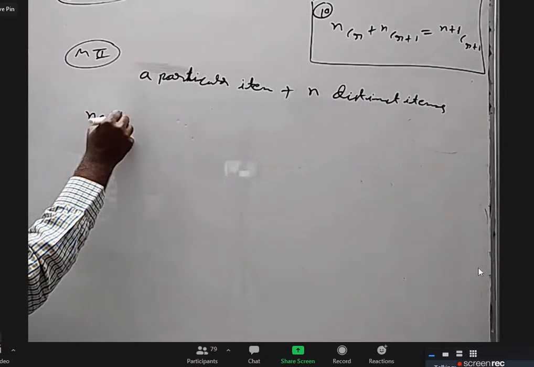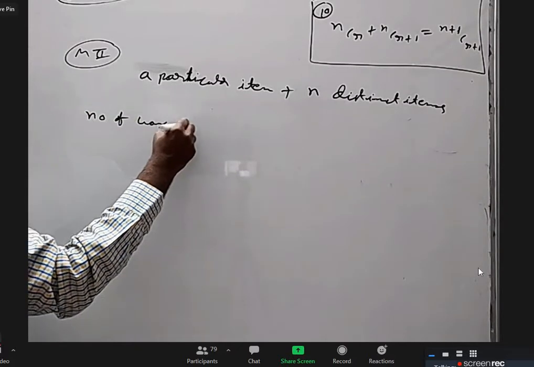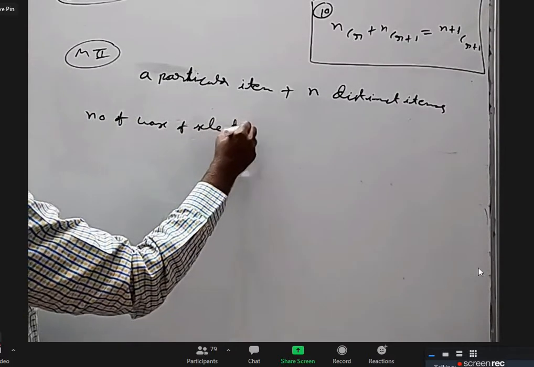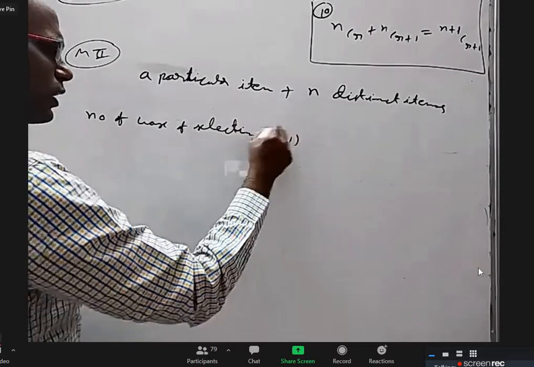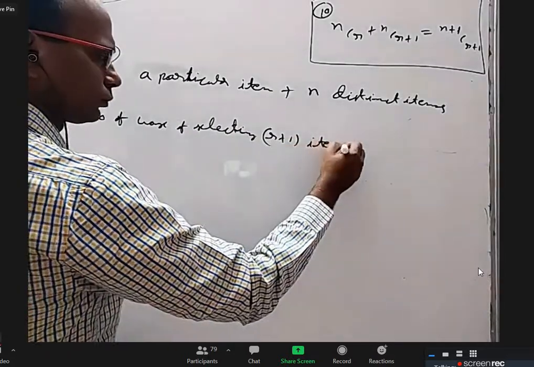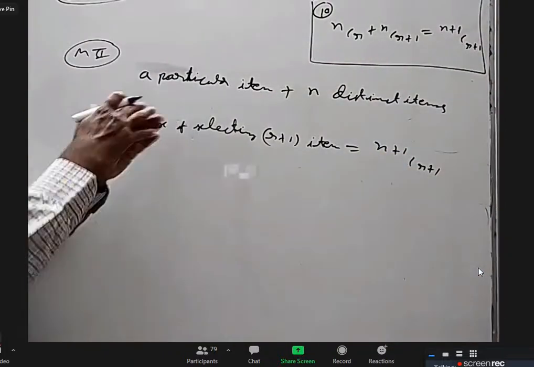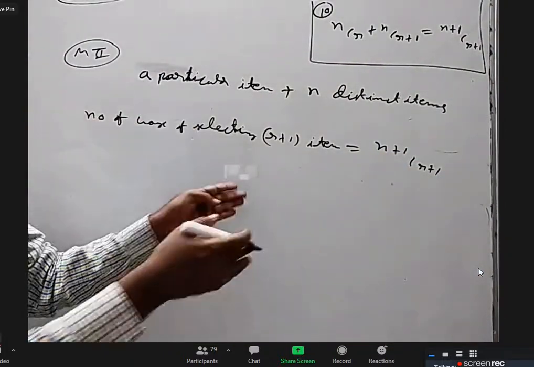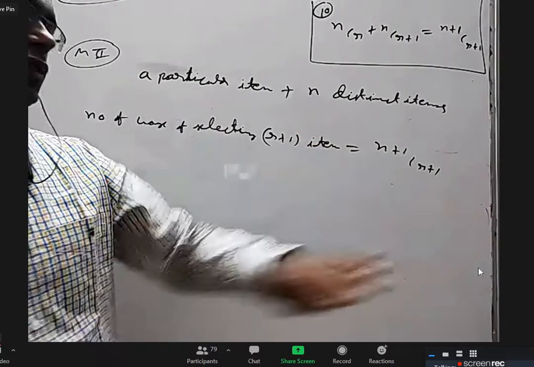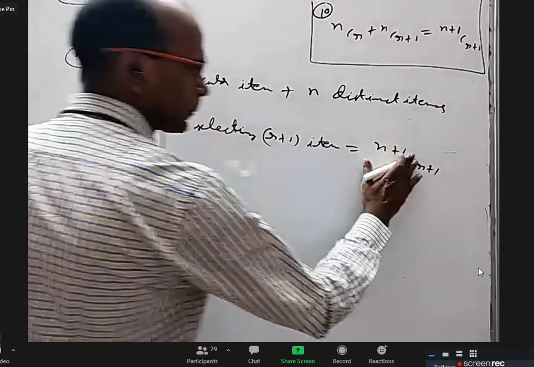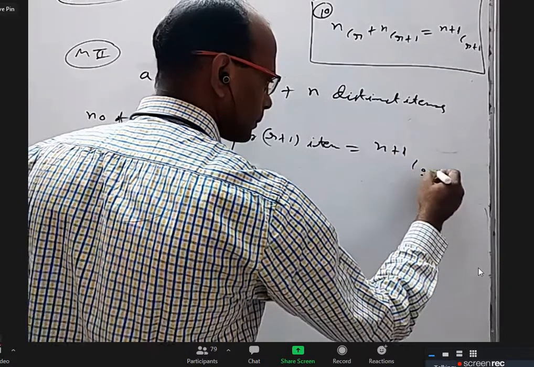So the number of ways of selecting r plus 1 items out of this is n plus 1 C r plus 1, because from n plus 1 items, I have to select r plus 1 items.